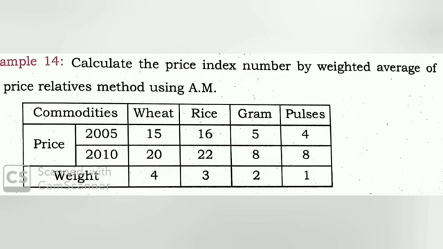Calculate the price index number by weighted average of price relatives method using arithmetic mean. The commodities are wheat, rice, gram and pulses, with prices P0 and P1, and weight is given. Let's see how to calculate this problem now. We are given items, P0, that is price of base year, price of current year and weights.